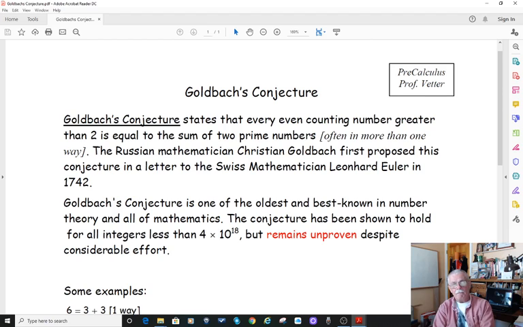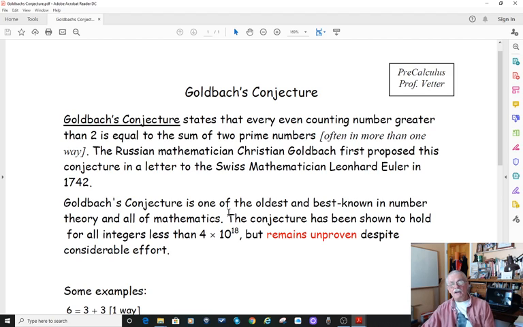Back in 1742, they didn't have iPhones, calculators, or telephones, so the mathematicians at that point would write back and forth to one another and often challenge one another to look at a proof they had done and disprove it or find a better way. And this was what happened here. So it's called Goldbach's Conjecture, 1742. And it turns out to be one of the oldest and best known conjectures in number theory in all of mathematics.